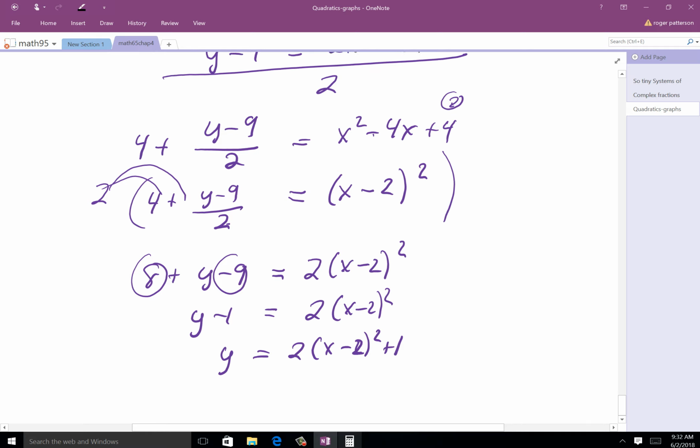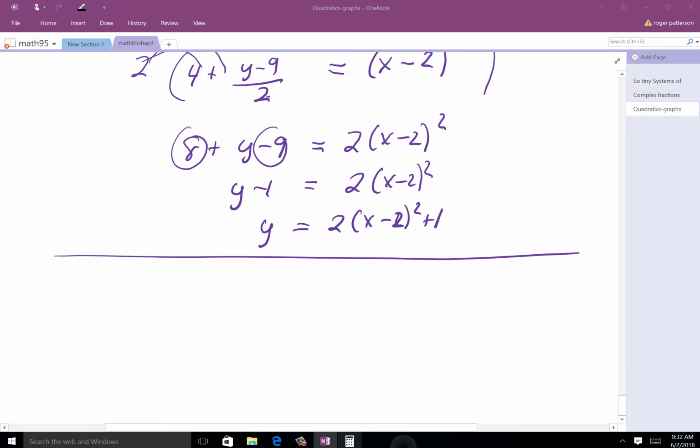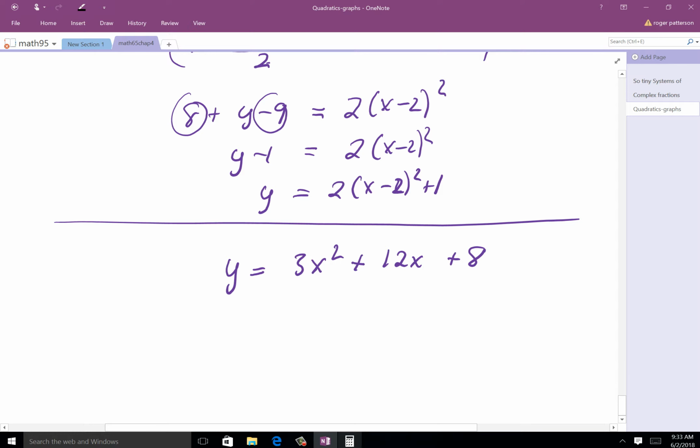Let's try another one. Same idea. This time we'll put a 3 out in front. Okay, so there we have one like this. Again, I don't want that 8.